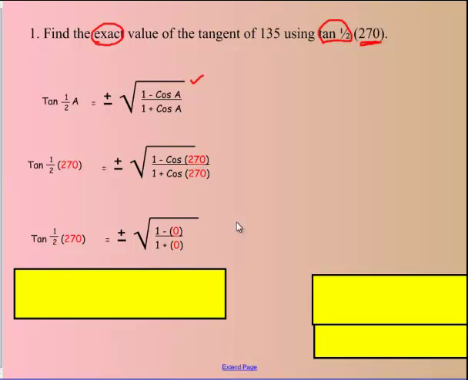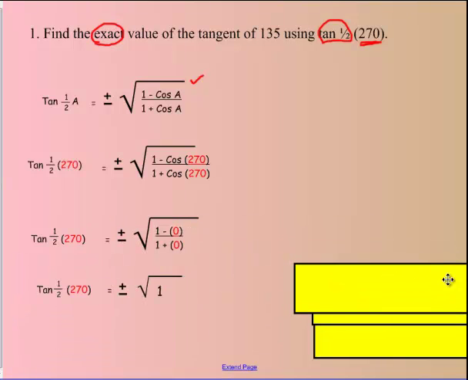And when you take the cosine of 270, you get a lovely number. You get 0. Oh, this is turning out to be fabulous, because 1 minus 0 is 1, and 1 plus 0 is 1, and then I have to take the square root of 1, and now my only decision is, is it a plus 1 or is it a minus 1?